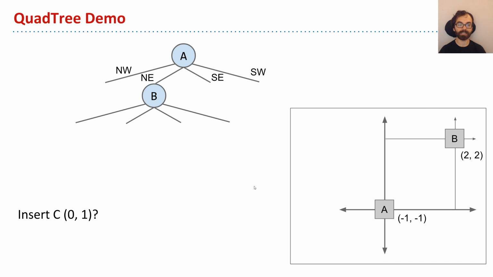Let's say we now insert 0, 1. Try and figure out what you think is going to happen next. So 0 is over and 1 is up, so it's somewhere in the middle. It's to A's northeast, but that's already occupied. So just like a normal binary search tree, we now need to go lower down the hierarchy.